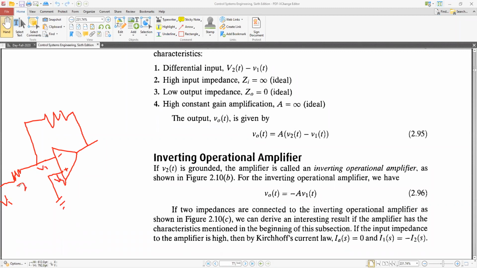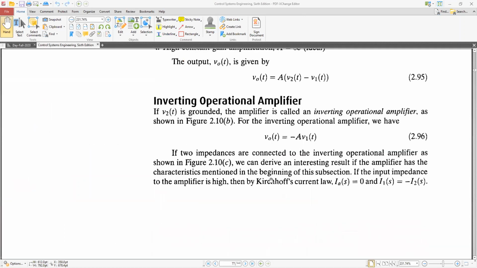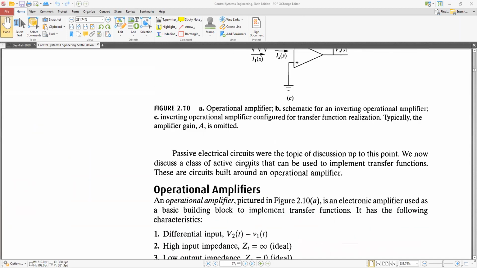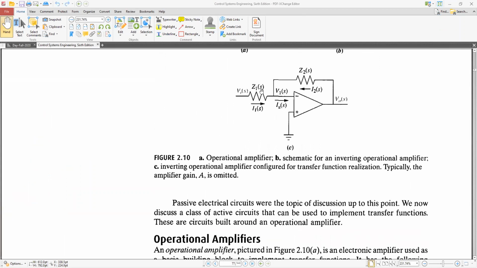Say that is Z1, that is Z2, like this. If two impedances are connected to the inverting operational amplifier, as shown in figure 2.10c, let's say two impedances Z1 and Z2 are connected this way.